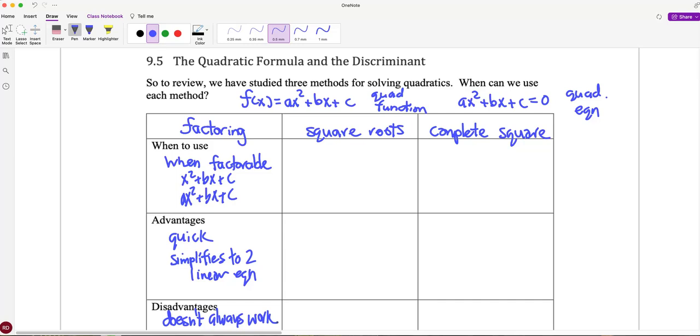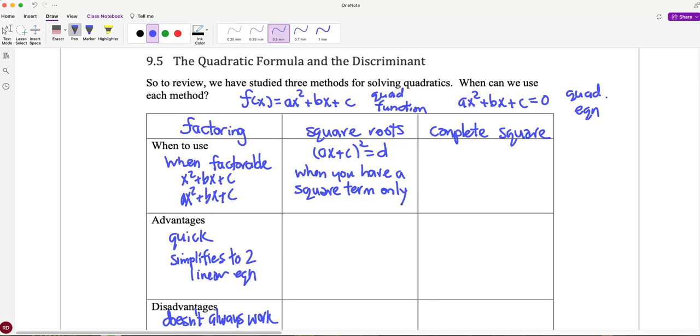What about square roots? This is when I take the square root of both sides. So this is something like, ax plus c squared equals d, something like this. So when can I use it? When you have a square term only.